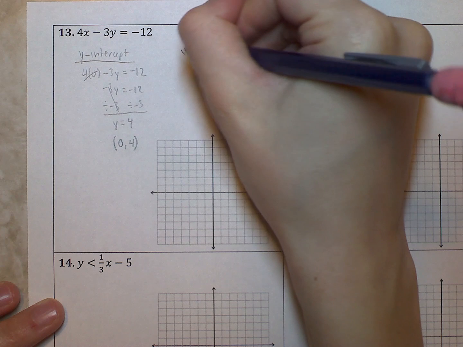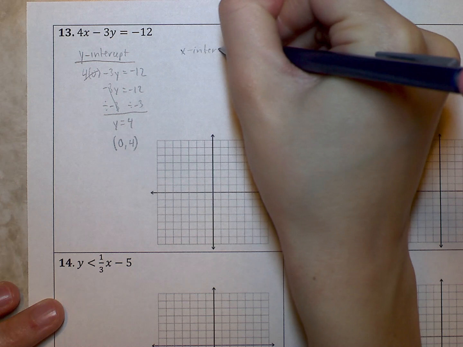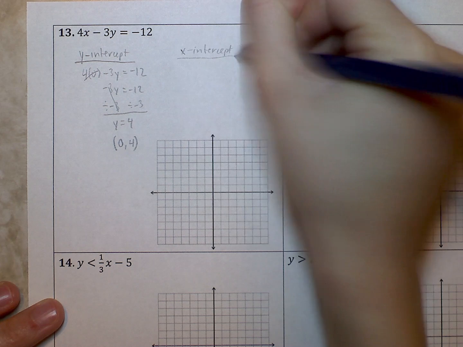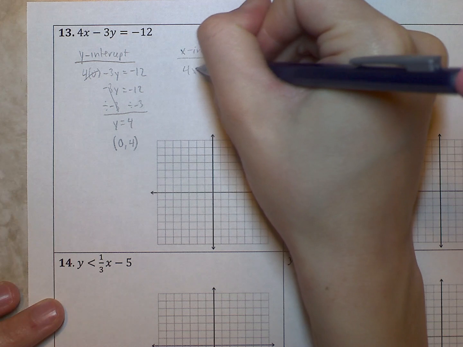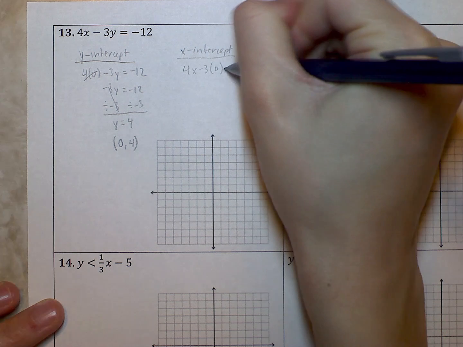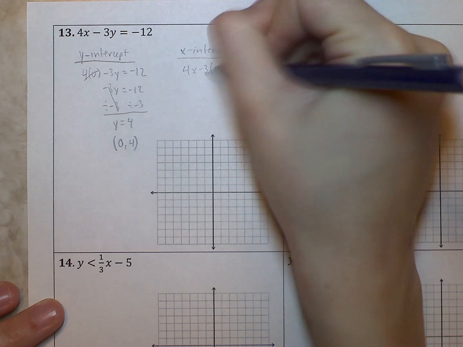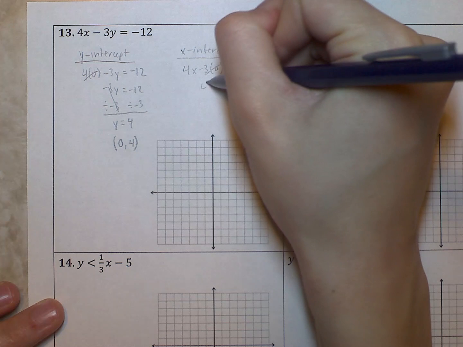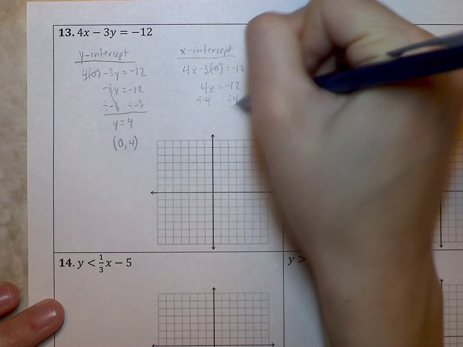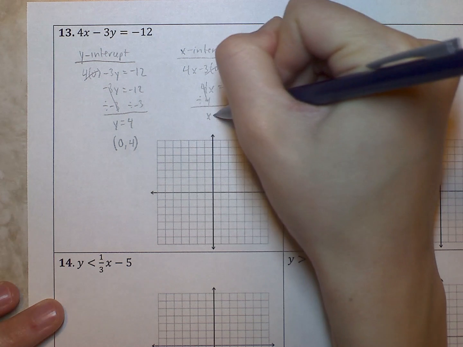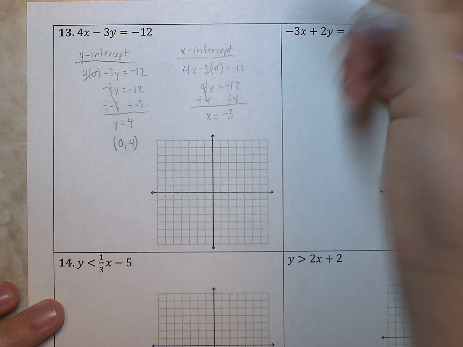And then I find the x-intercept basically by doing the opposite, which is instead of plugging 0 in for x, I plug in 0 for y. And so this is just 3 times 0 is 0, so I end up with 4x equals -12. And when I divide by 4, I get x equals -3, which gives me this other point, right?